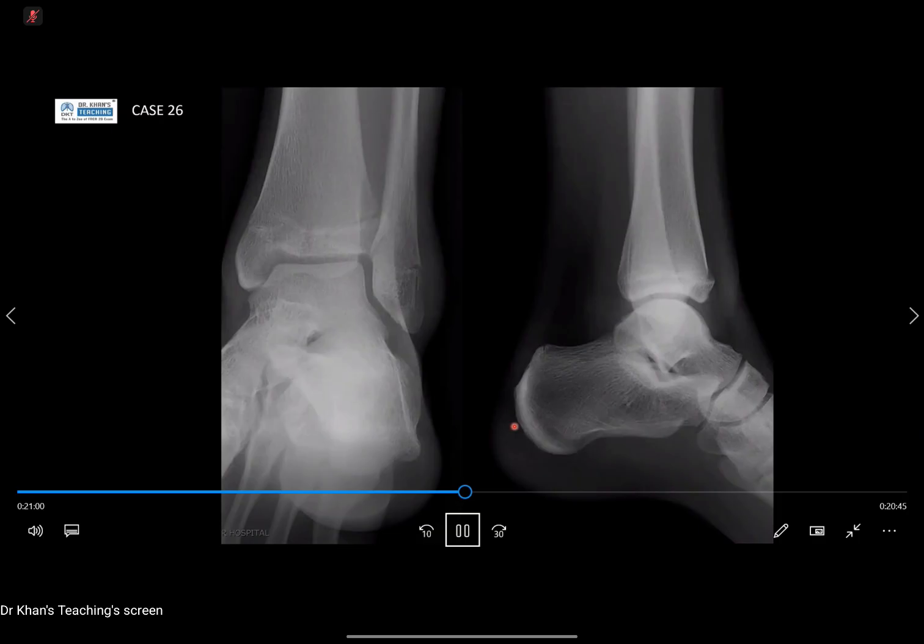They are both normal. The talus is fine. The rest of the tarsal bones, the phalanges are fine. Looking at the calcaneum, on the superior aspect of the calcaneum, that's an unfused apophysis. I cannot see any fracture or dislocation on this view.